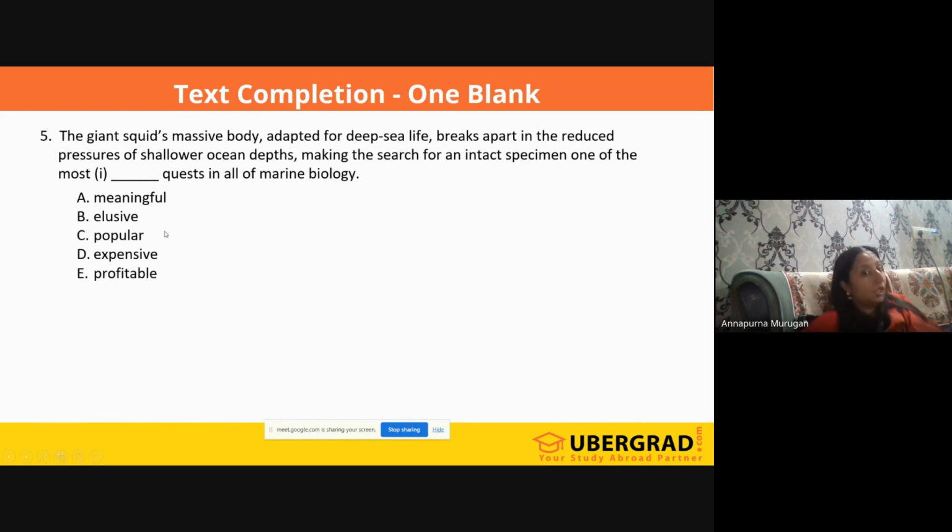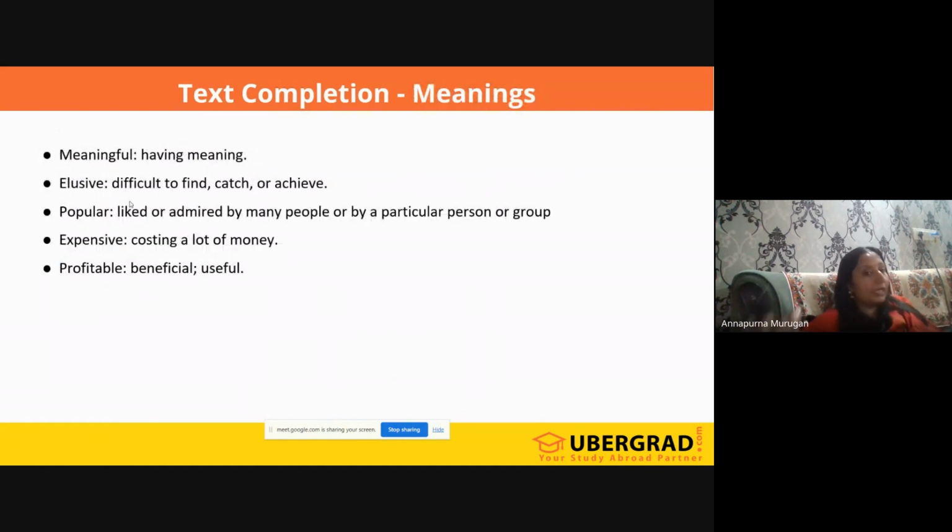No, it cannot be. Popular, no, it is not related to difficult. Expensive, no, it is commercialized. Profitable, no. We are left with elusive. Even if you don't know the meaning, through the process of elimination, comparing to our shadow answer, we can take elusive.